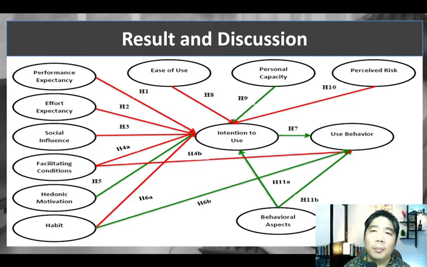Okay, now we are talking about hypothesis 5, from hedonic motivation to the intention to use. The hedonic motivation factor significantly influences the intention to use. This is because using the cashback program on mobile payment provides pleasure in shopping. So when shopping and getting cashback, users get the urge to shop again.